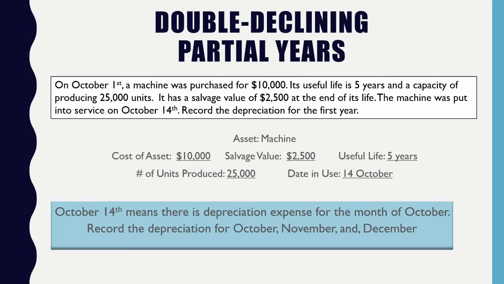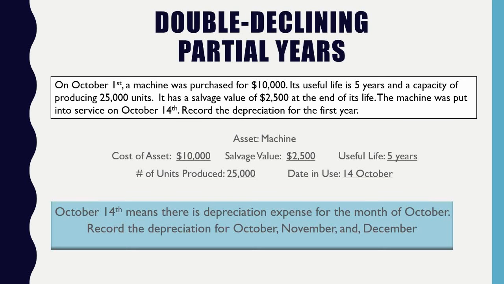So in this case, the example here is that on October 1st, a machine was purchased for $10,000 with a useful life of 5 years and a capacity of 25,000 units. We don't care about how much it could produce, we care about the time or the useful life it has.